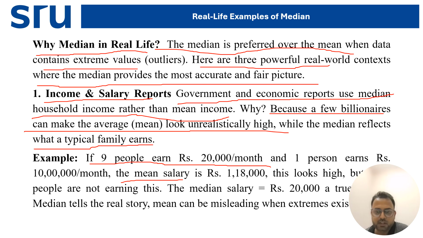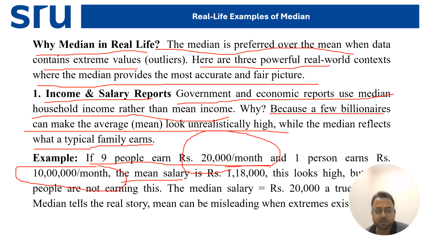The median salary is 20,000, a true value. So median tells the real story. Mean can be misleading when extremes exist. Here we can see that one person is earning 10 lakhs. One value is very high, while the other nine values are very low.